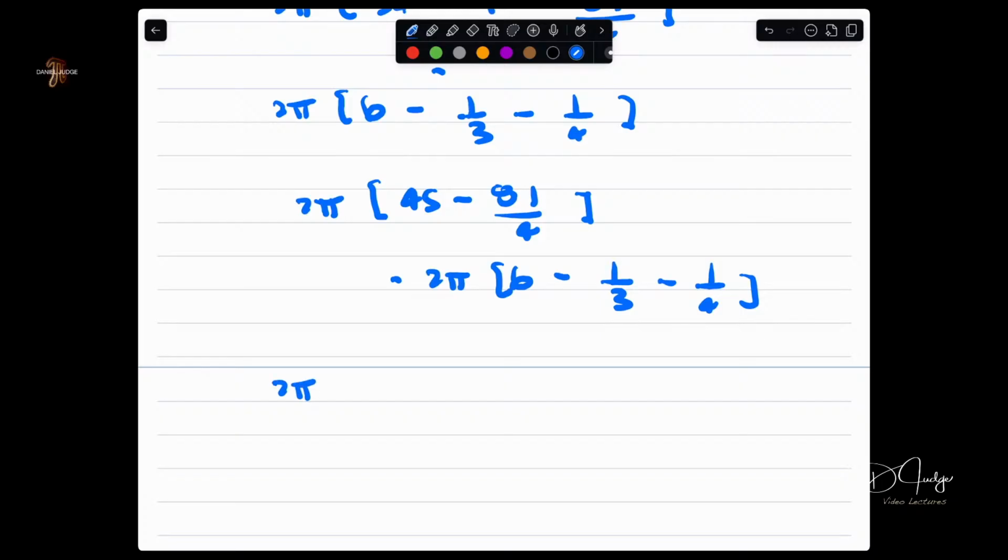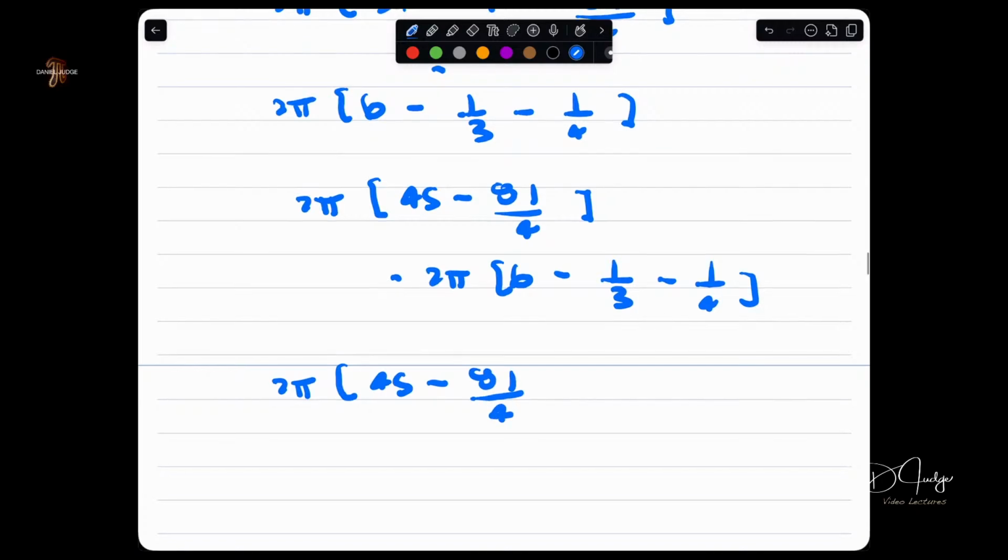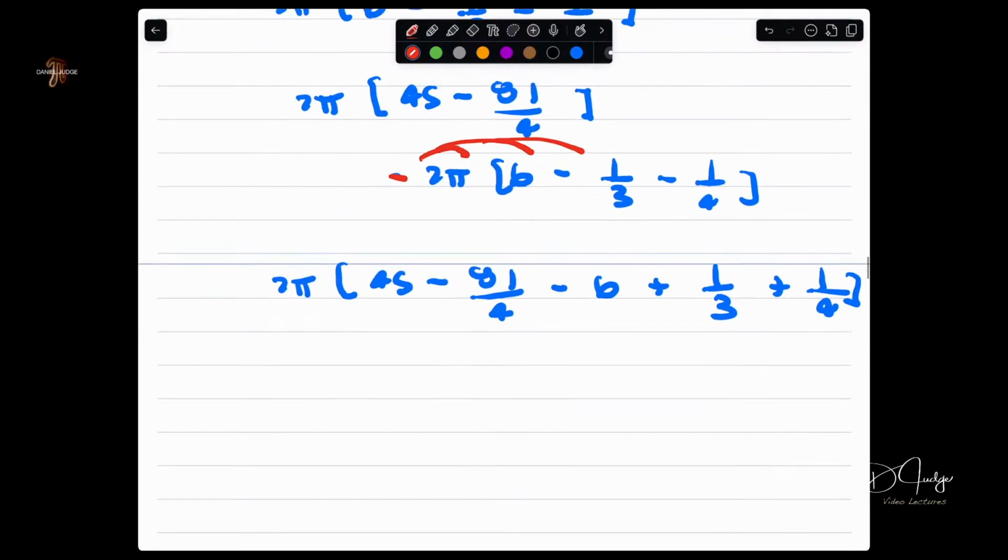Now, I could do a couple of things here. What I think I want to do is factor out the 2 pi from both terms here. So you get 45 minus 81/4. Then it's going to be a minus 6 plus 1/3 plus 1/4, because I'm going to distribute the negative sign. But I factored out the 2 pi.